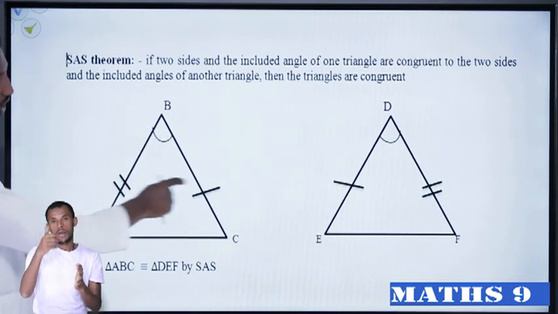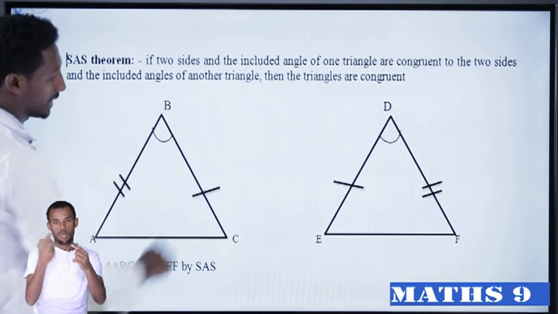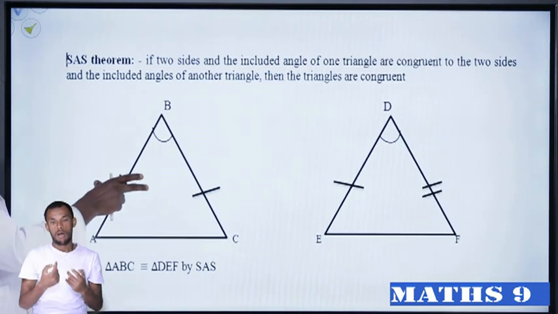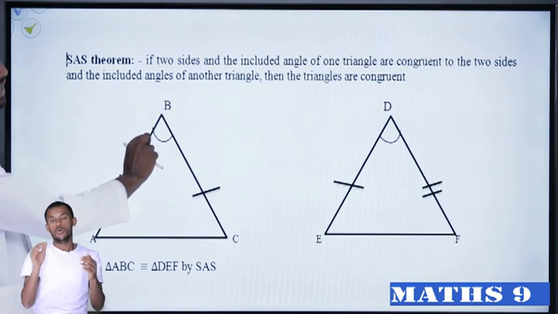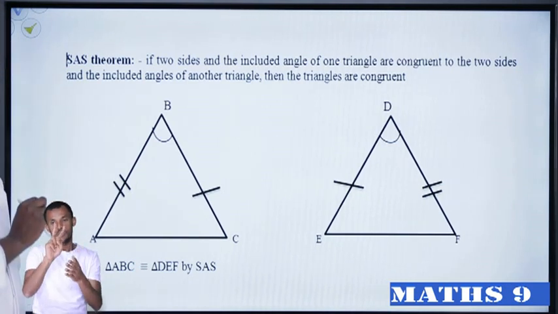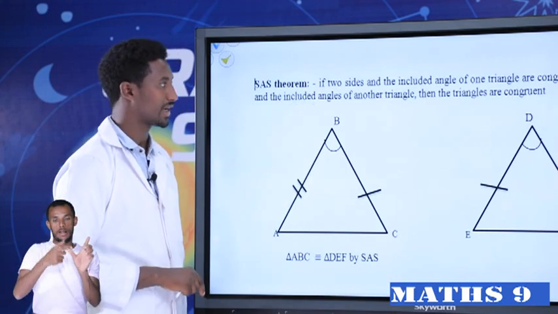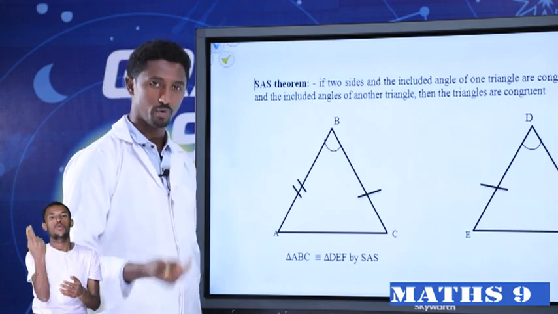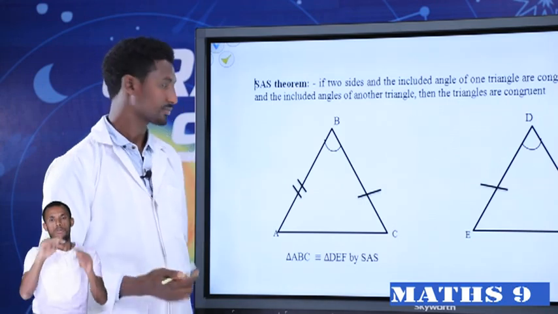And AB is congruent to DF and BC is congruent to DE. So these two triangles have two corresponding sides which are congruent and the included angles are also congruent. So these two triangles are congruent by the side-angle-side congruency theorem. These three theorems are used to prove whether any two triangles are congruent or not.